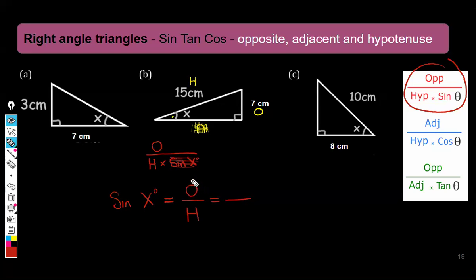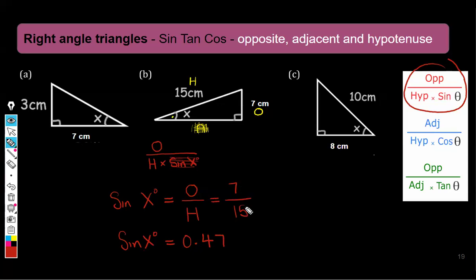What's the length of the opposite side? Seems to be 7. What's the length of the hypotenuse? Seems to be 15. So we get sine x equals 7 divided by 15. Now go to 2 decimal places, and I'm getting 0.47. Some people divide it wrong.